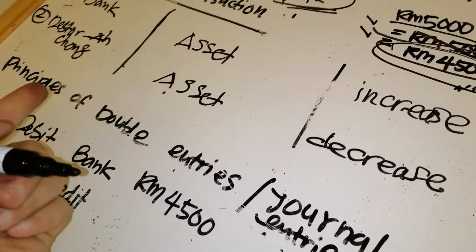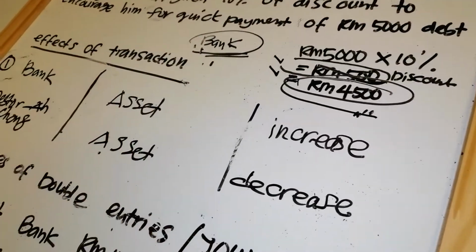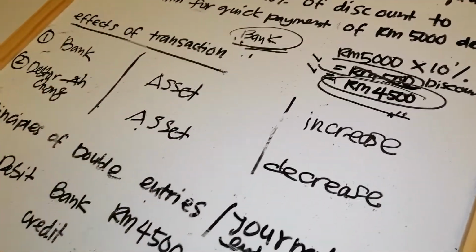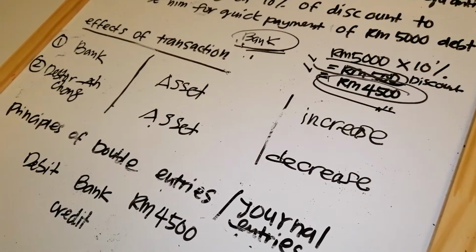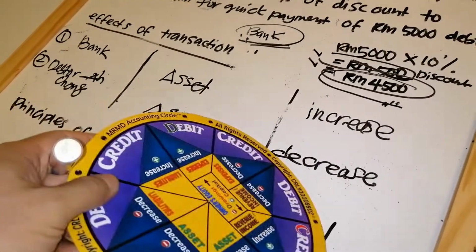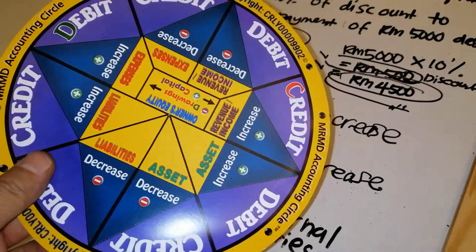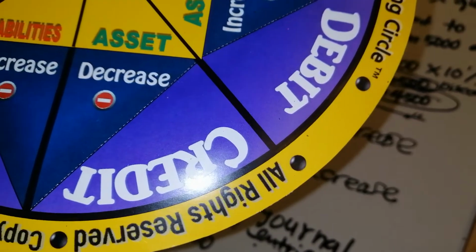The debtor doesn't transfer the 500 because of the discount. Is there anyone who gets a discount and has to pay? No, right? We write off directly. But it must be recorded. And then debtor Acong asset decreases. Asset decrease, we record under credit. Can you see? Asset decrease, credit.